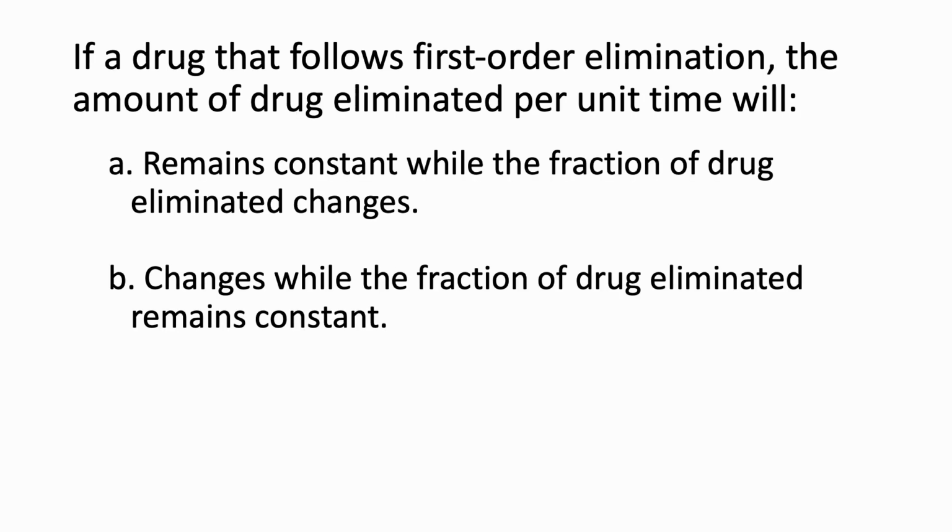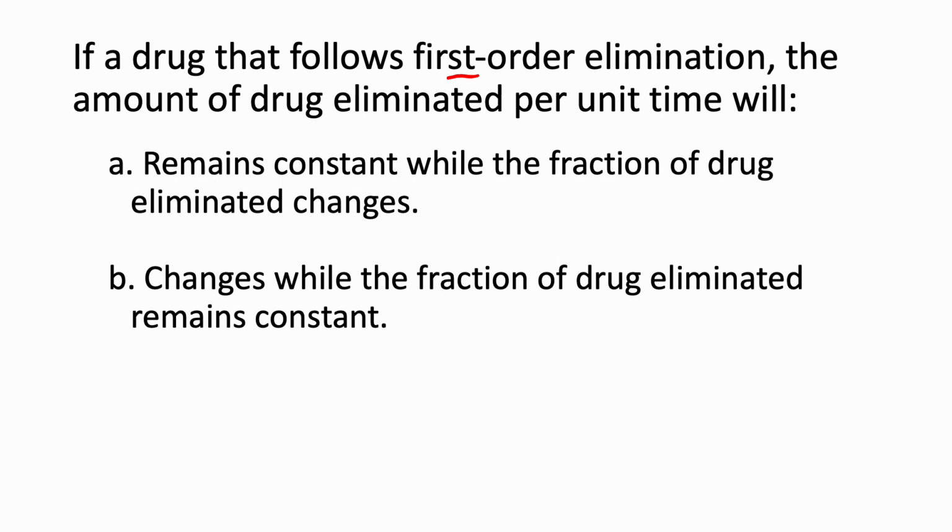Question. If a drug follows first order elimination, the amount of drug eliminated per unit time will A. Remain constant while the fraction of drug eliminated changes. B. Change while the fraction of drug eliminated remains constant.